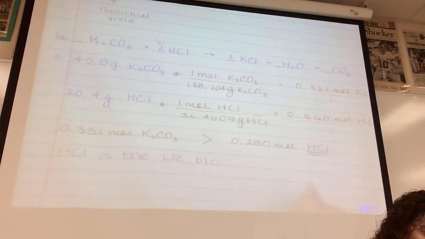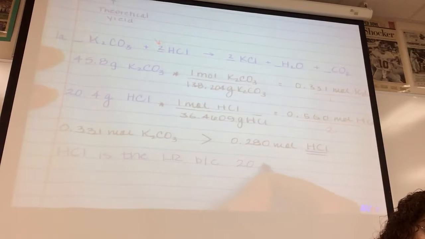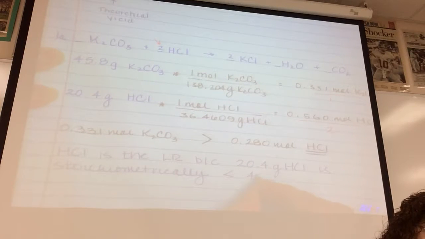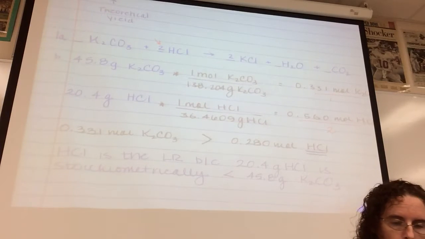because, go back to your original given, 20.4 grams of HCl is stoichiometrically less than 45.8 grams of potassium carbonate. All right?